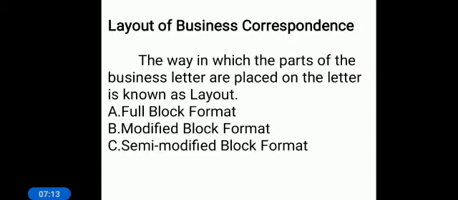Okay, next, layout of business correspondence. The way in which the parts of the business letter are placed on the letter is known as layout. So layout means nothing but placing of the parts of the business letter on the letter.